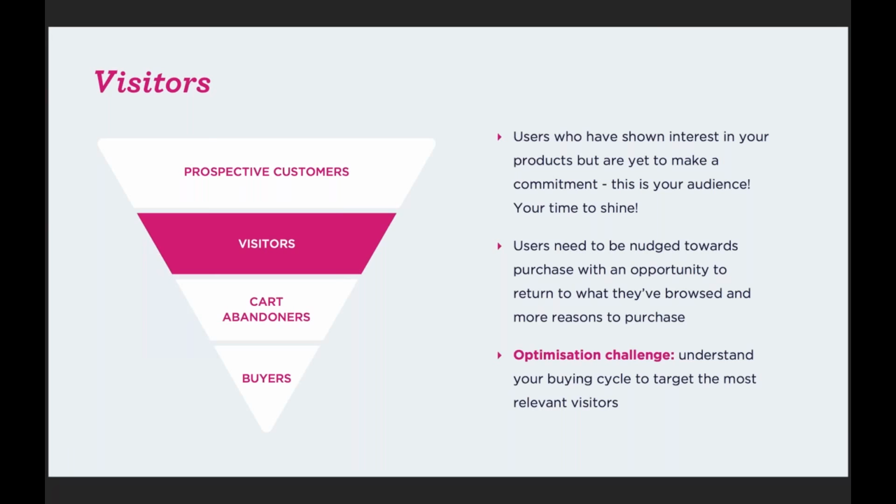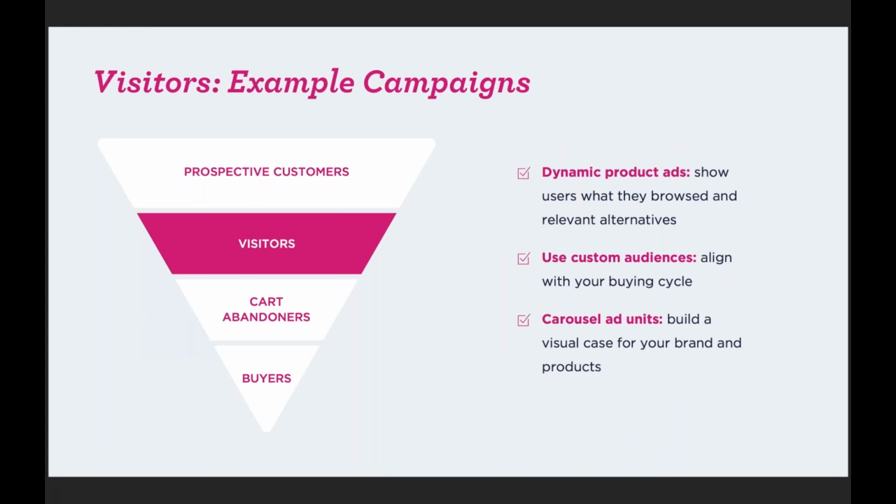Another thing you can think about is, what can you show your visitors to entice them again? Maybe you are offering free shipping, or maybe you have a promotion that you're running. These are all things that can drive someone back to your website. All right, so when it comes to visitor campaigns, there's a couple things that you can do.